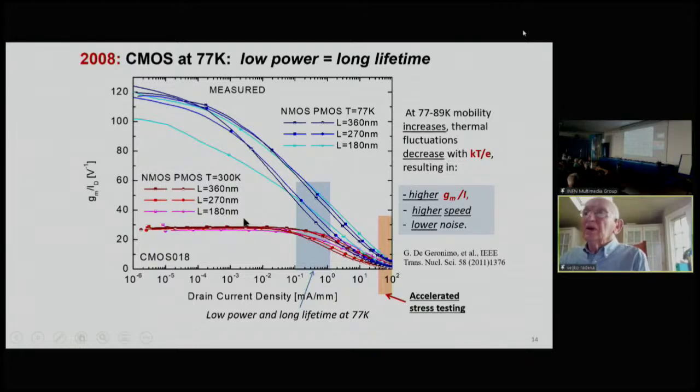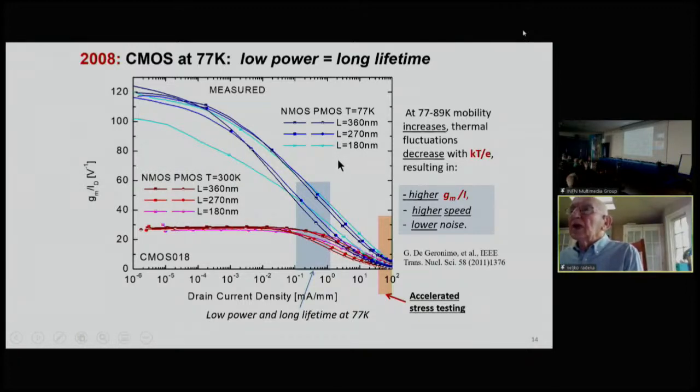And this shows just the difference between the transconductance to drain current ratio at room temperature and in the cold for various channel lengths for NMOS and PMOS. So there is quite a bit of data crowded on this slide.